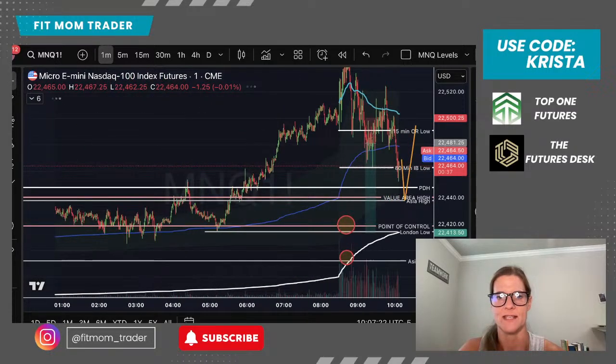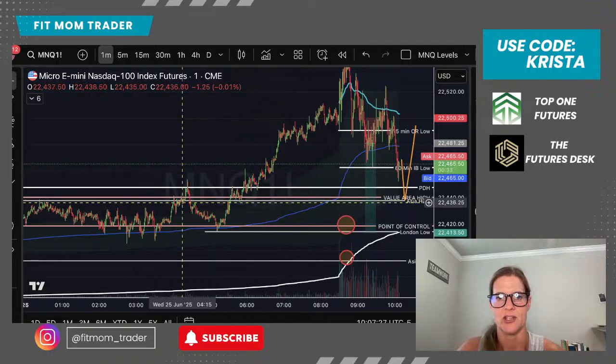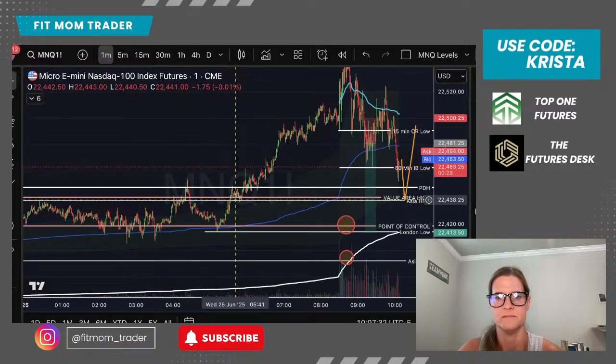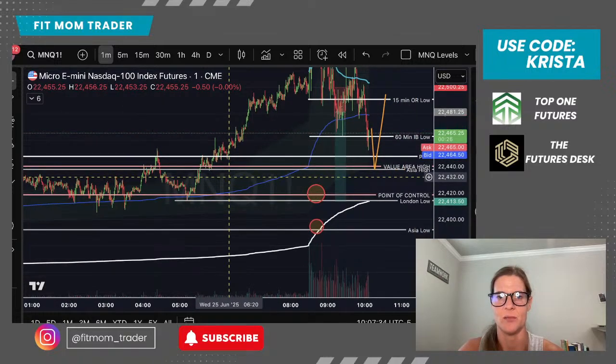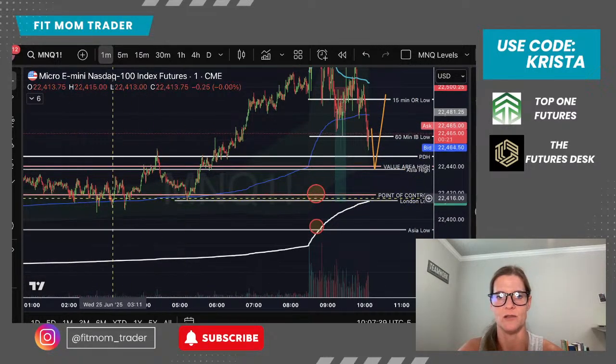So this area right here, right around value area high, Asia high, there's some decent liquidity there. And if it starts to dump hard, there's a lot more down here too at point of control and London low area.